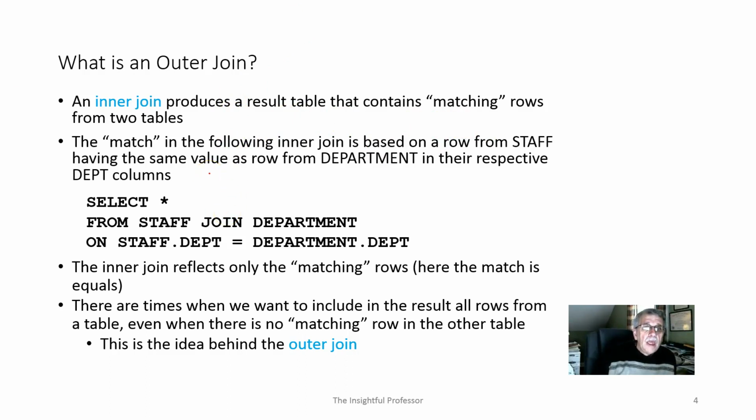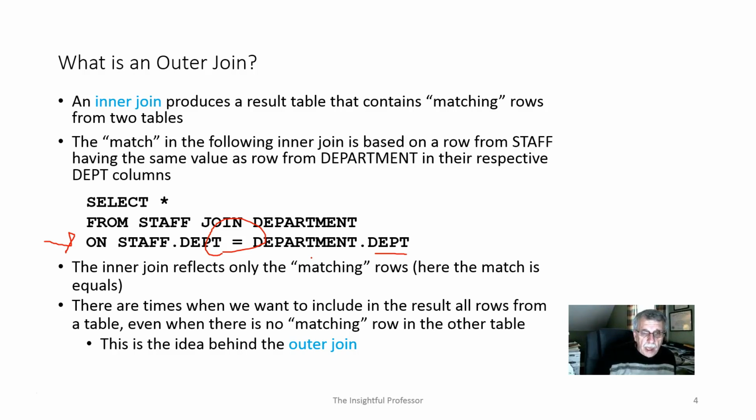The match, as we see in this following join, which is an inner join, is saying we're going to take a row from the staff table, a row from the department table, and do the concatenation, appending data from one row to the other to produce a new kind of elongated row that will be present in the result table, provided this join condition here is satisfied, that the value of the DEPT column in the current row from the staff table being considered is equal to the value of the DEPT column from the current row from the department table being considered.